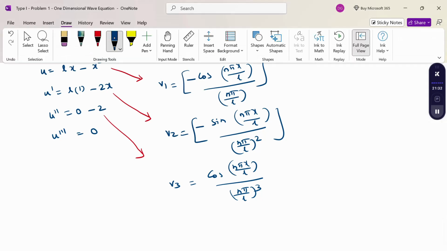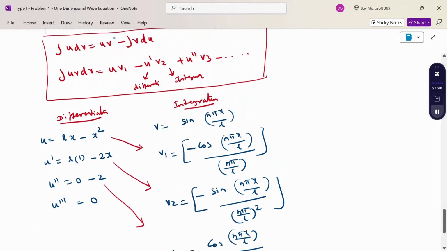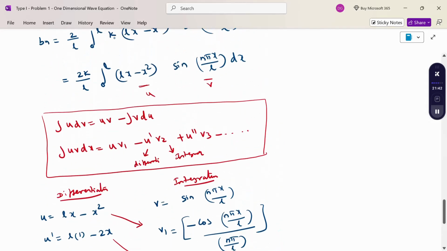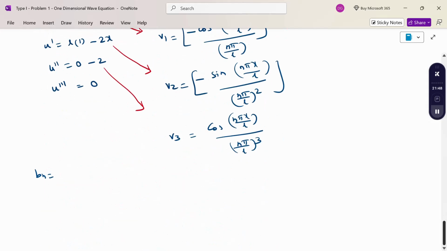Now what is the Bn? Bn equal to the previous form, 2k by L. Now u v1. So what is u? Lx minus x square is u.